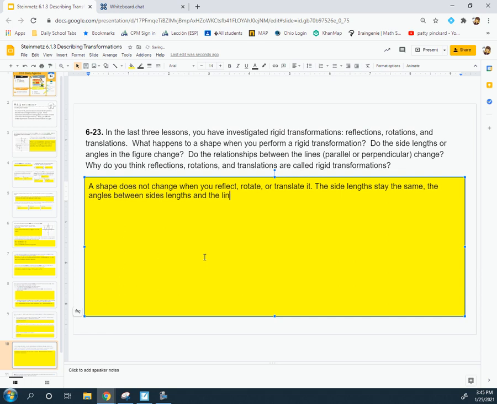And the line relationships also remain the same. This is why they are rigid transformations.